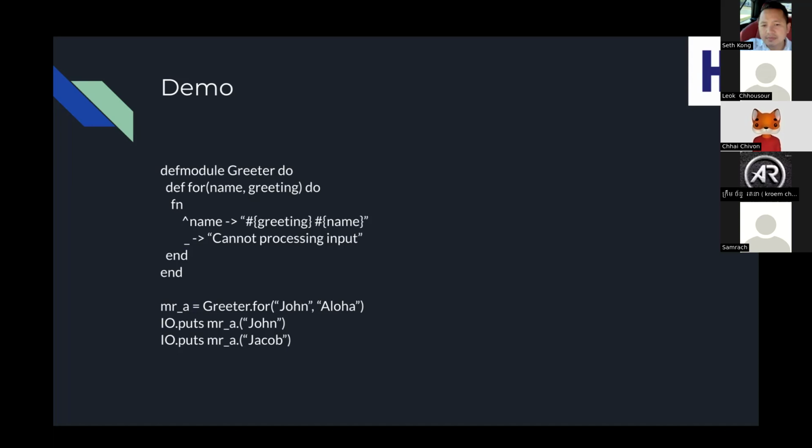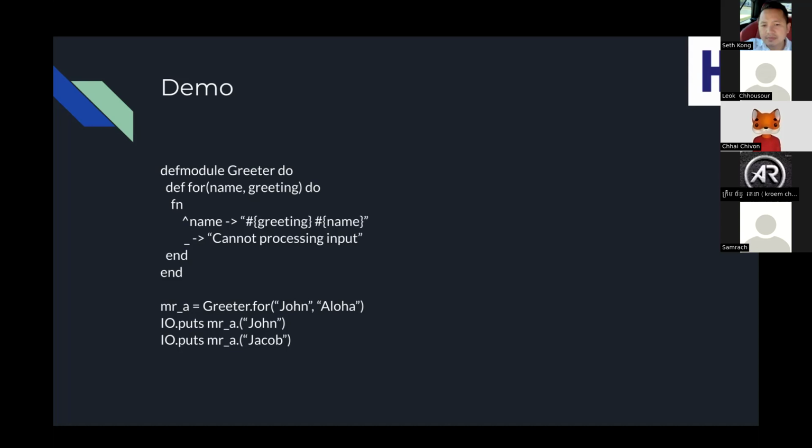Then we have an anonymous function that processes them. In the anonymous function, we use a pin operator to pin the value of name from changing.